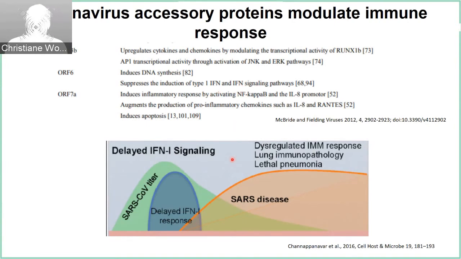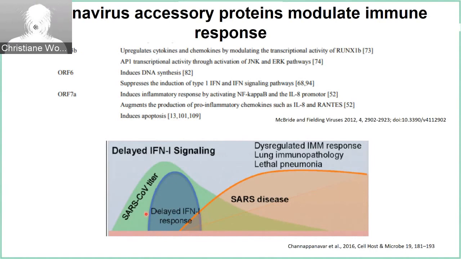And this was highlighted in a study in 2016, showing how important the type 1 interferon response was for disease symptoms development. This was Stanley Perlman's lab that infected mice with SARS-1, and they could show that depending on the timing of the type 1 interferon response and the magnitude of it, that then affected the magnitude of the disease as well.